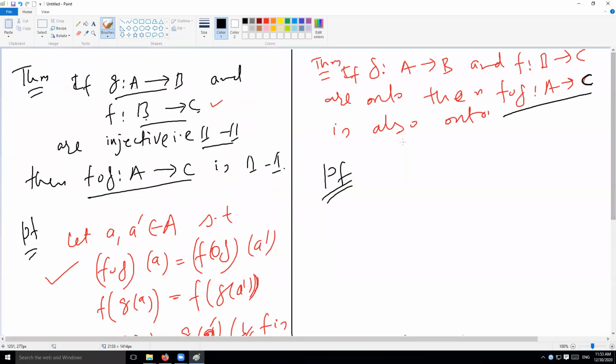So now I want to prove that F composition G is onto from A to C. So what should we do?